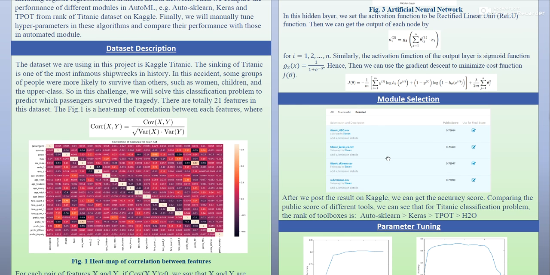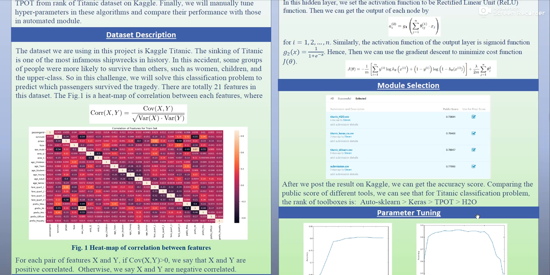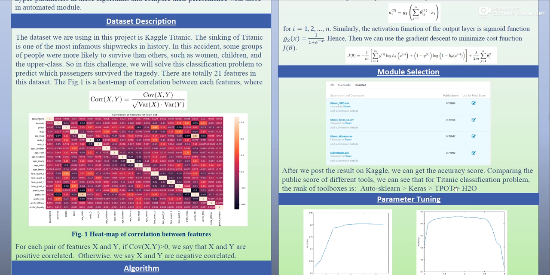For the Titanic classification problem, the rank of the toolbox is that AutoSklearn is better than Keras, and Keras is better than TPOT, and TPOT is better than H2O. This is the rank of different modules.